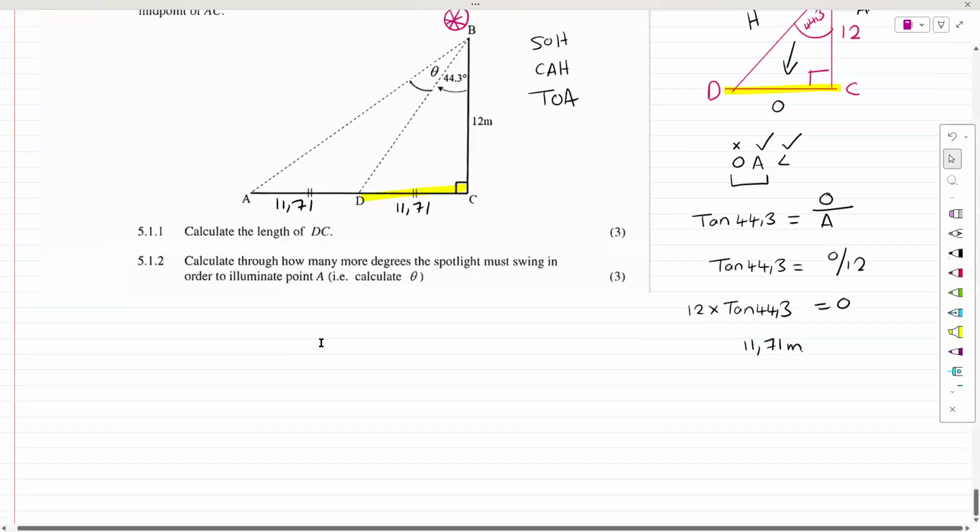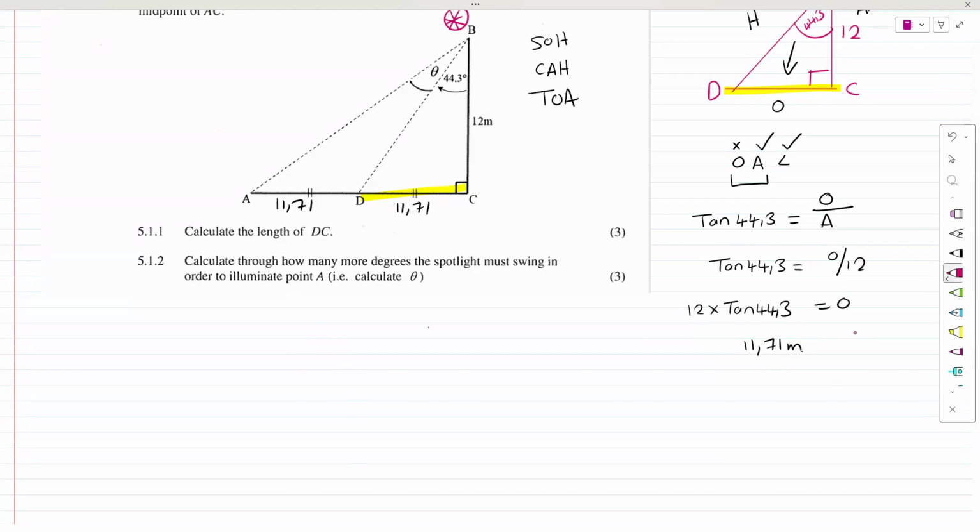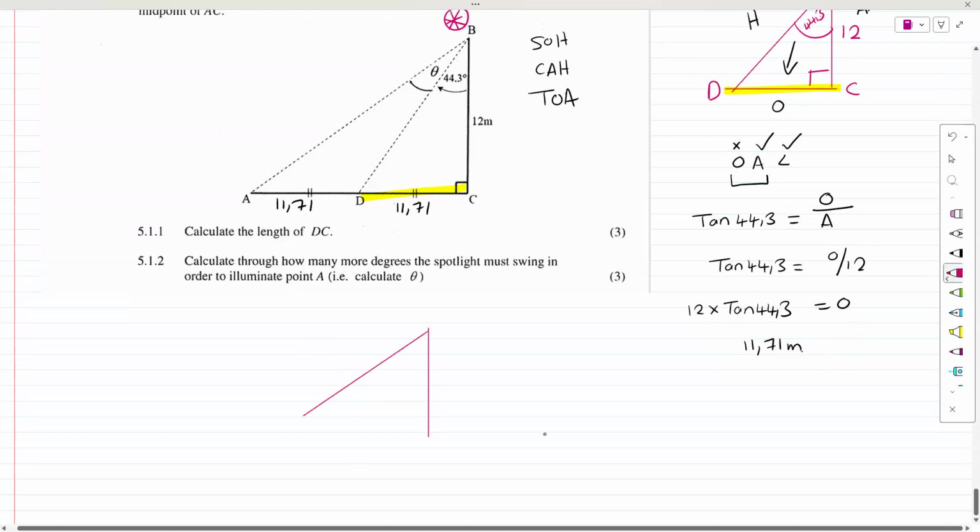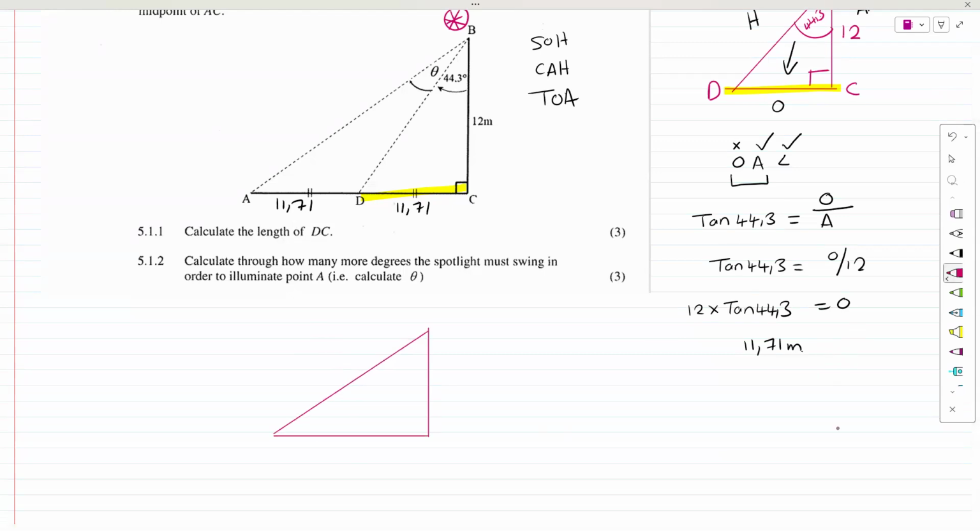Now they want us to find the angle theta. This question is very simple as well. It seems like it's complicated, but there's no need to panic. This would be the full triangle for 5.1.2.